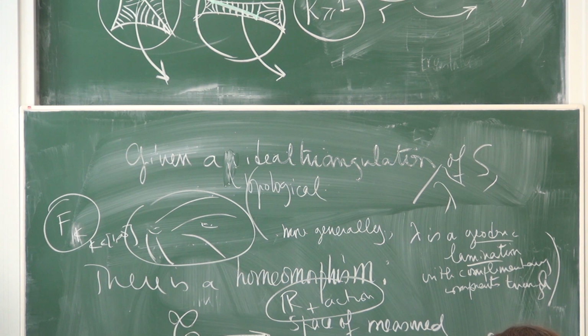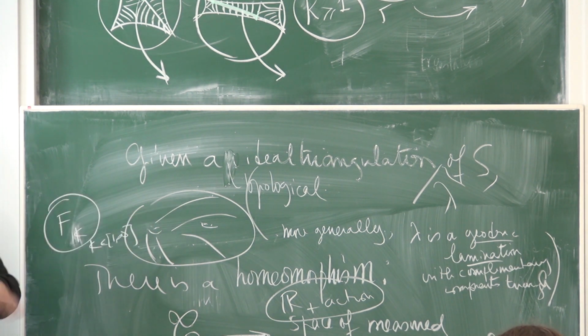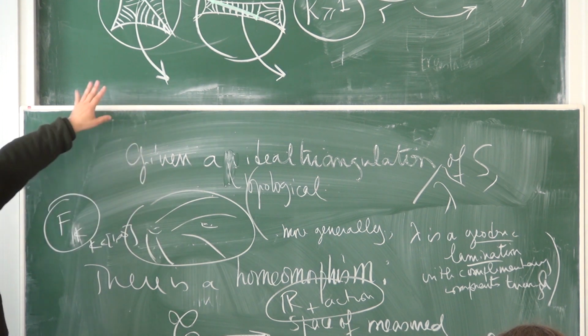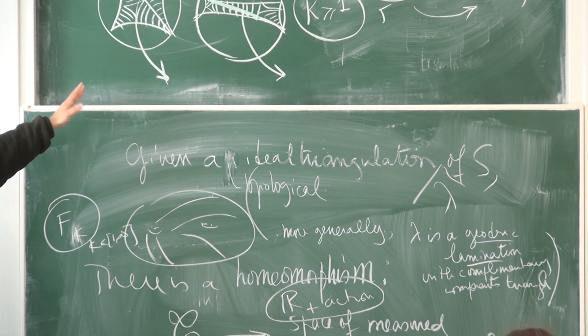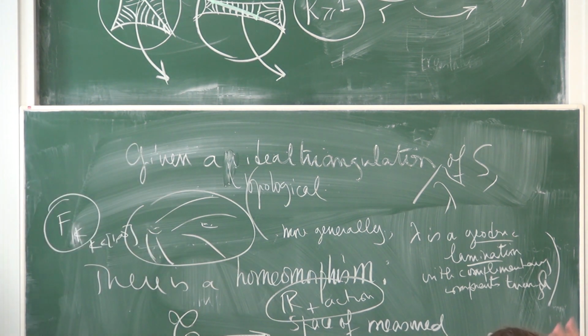It's a kind of discrete analog, because the lamination which appears here is not a discrete lamination. It's something much more complicated. Here you have a finite number of triangles and a finite number of parameters, these shift parameters which you know.